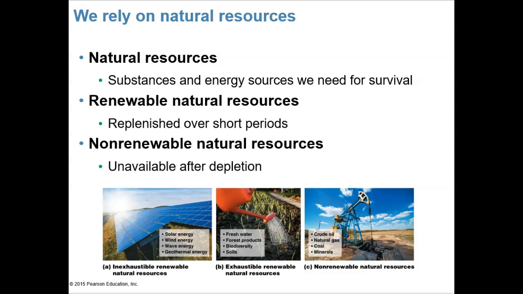If we do not manage those carefully, we can deplete those, and they won't be renewable anymore. And then the non-renewables are basically fossil fuels and minerals. So crude oil, natural gas, coal, those are the fossil fuels, and then minerals. We can actually use all of those up, and once we have, they're gone.